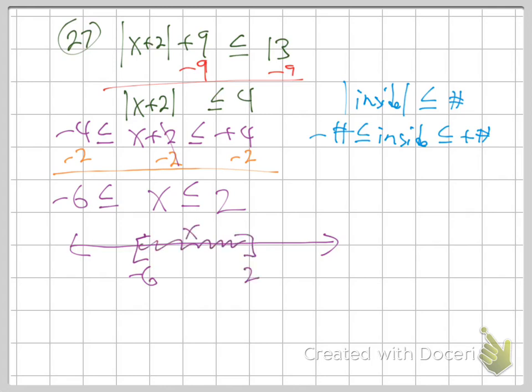The x is the shading between negative 6 and positive 2. So our final answer, negative 6 to positive 2 brackets. We good? Questions I can answer?